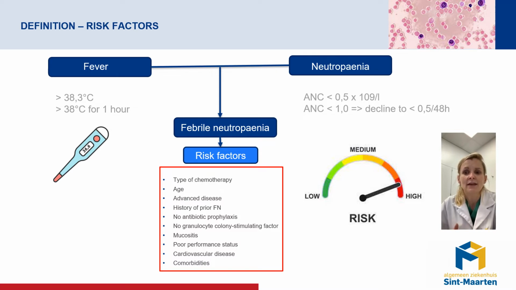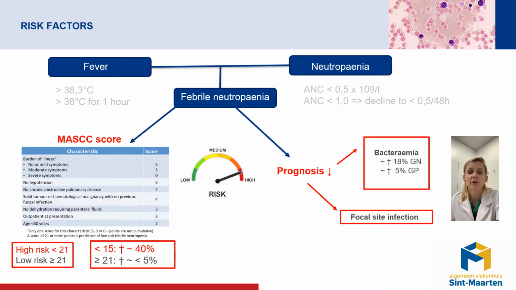And the risk of febrile neutropenia and its complications increase when one or more comorbidities are present in a patient, and this will be very instrumental in deciding which patient should receive primary prophylaxis.